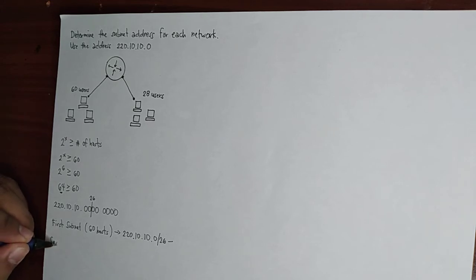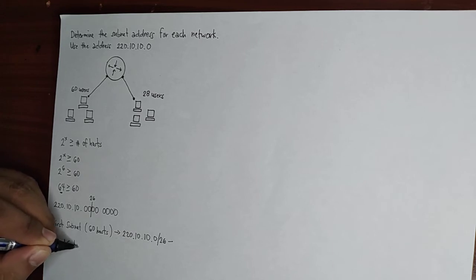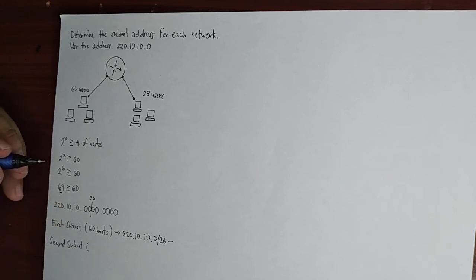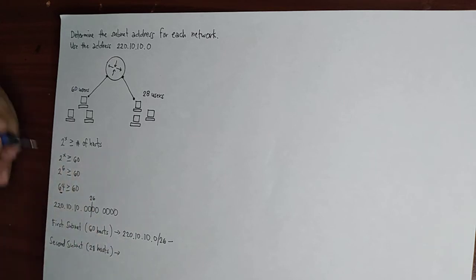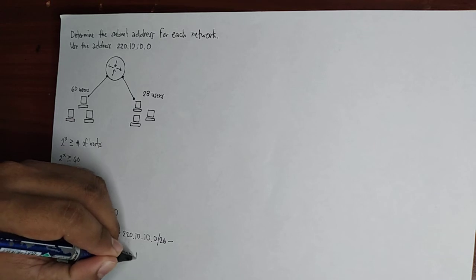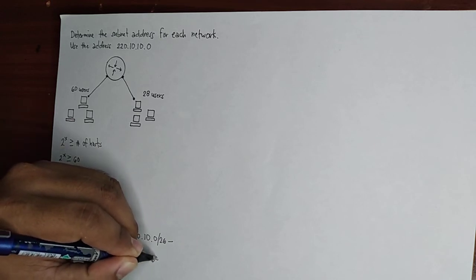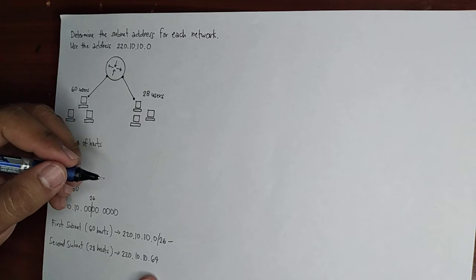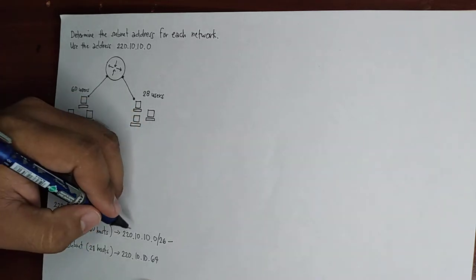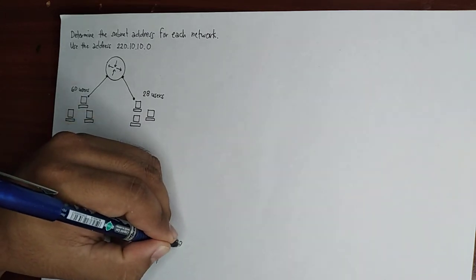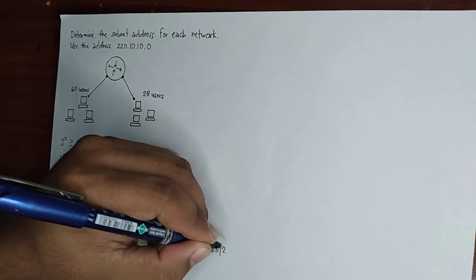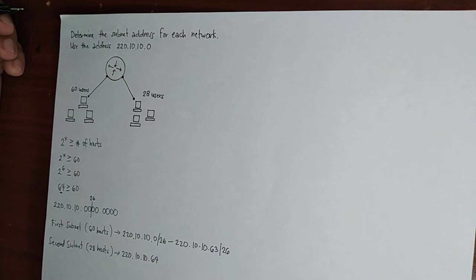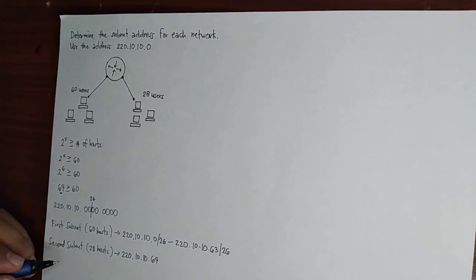The second subnet, under 28 hosts, will start at our dot 64, so 220.10.10.64. The number less than the next subnet is the last address of the first subnet, which is 220.10.10.63/26.